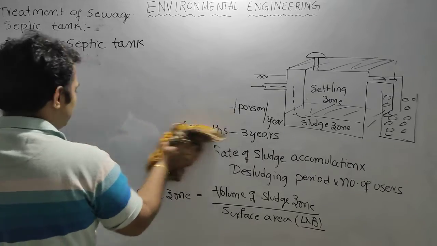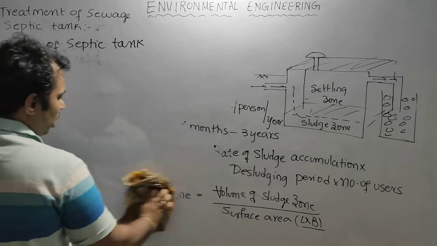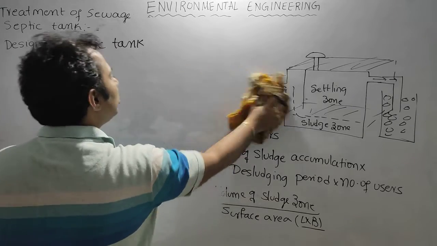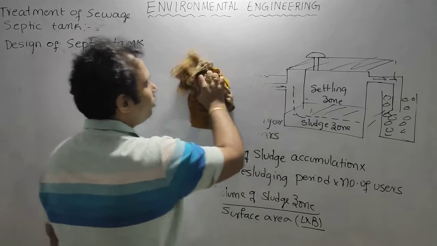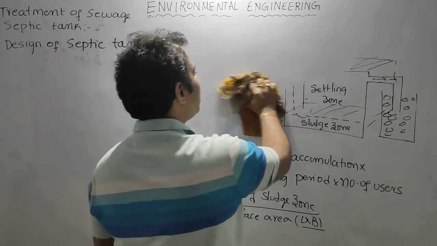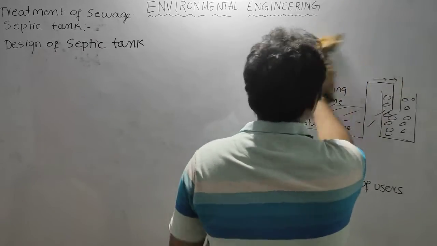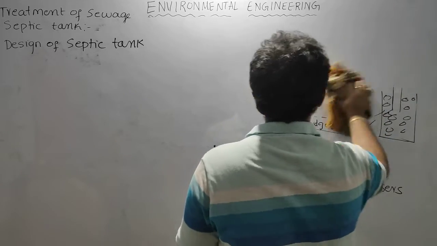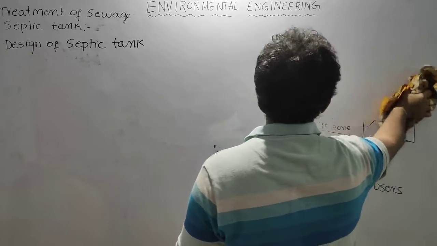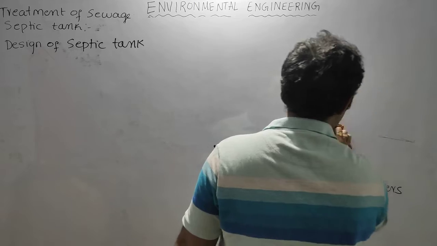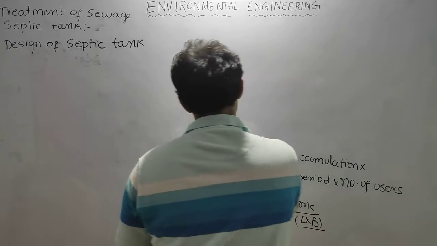After that we will discuss the Imhoff cone. After completion of the Imhoff cone, the septic tank topic is over. We are going to discuss the oxidation pond, the last secondary treatment device we are going to discuss.